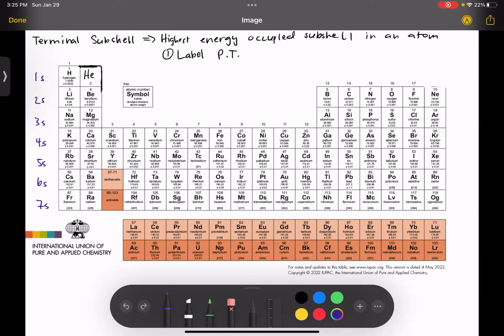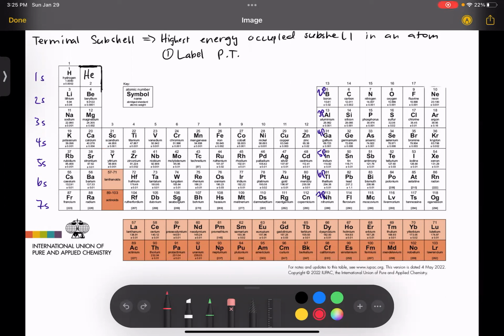Over on the right side, starting with boron, I label 2p, not 3p, 2p, 3p, 4p, 5p, 6p, 7p. Starting with scandium, switch colors.